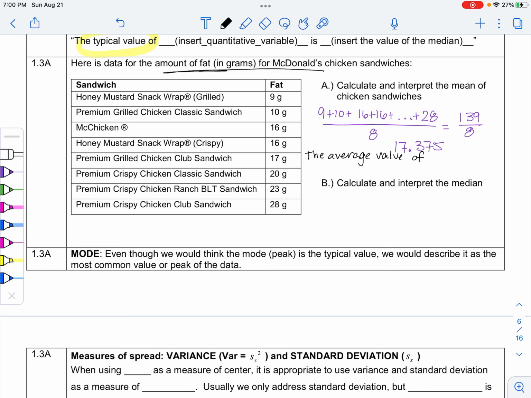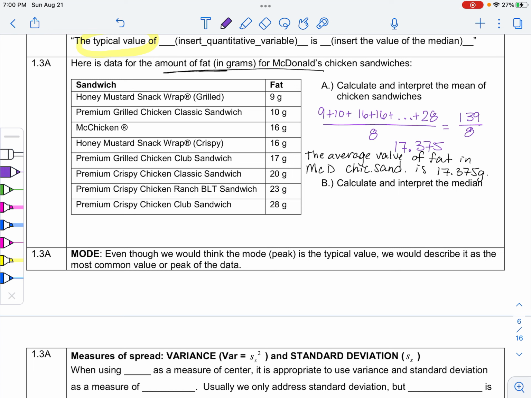So the average value of fat in McDonald's chicken sandwiches is 17.375 grams. So put it in context. That's super important in this class, answering your questions in context.